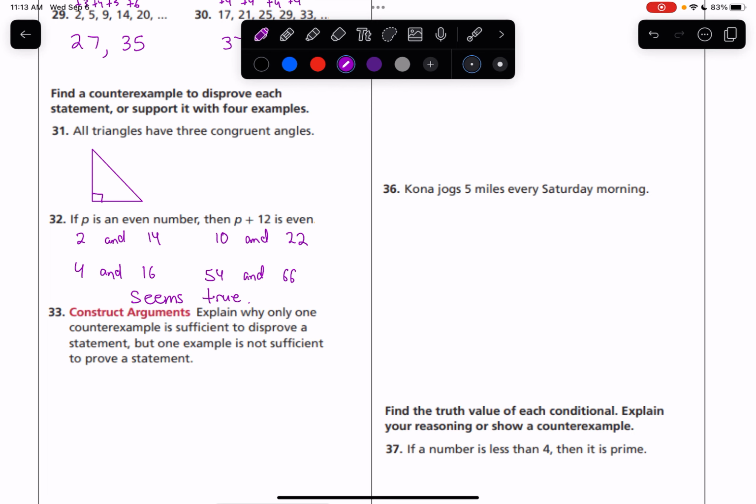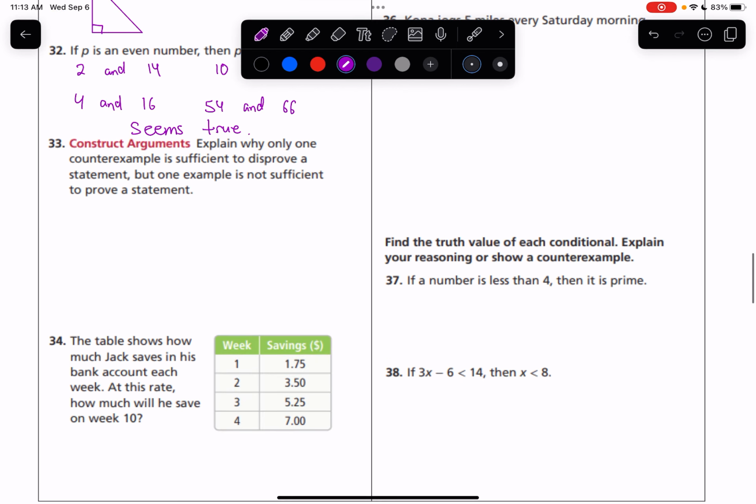All right. Number 33, explain why only one counterexample is sufficient to disprove a statement, but one example is not sufficient to prove a statement. So this has to do with how we define true or false, because a true statement must always be true. I'm going to write this.